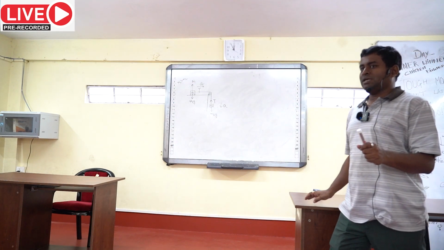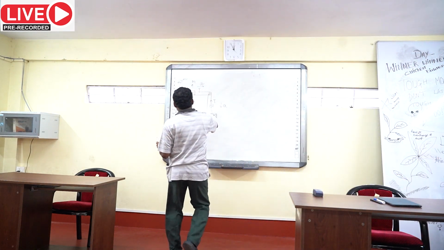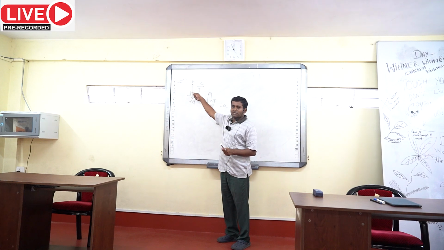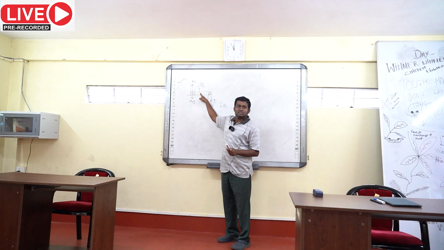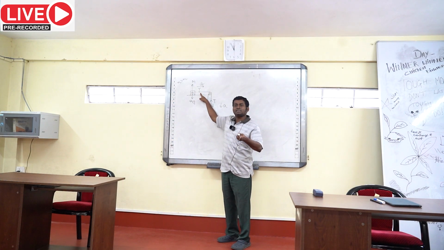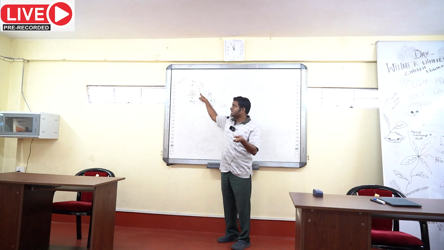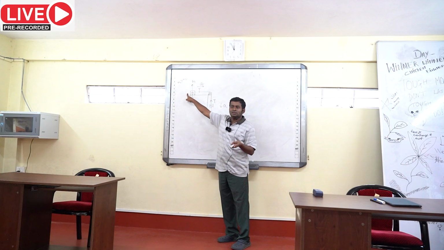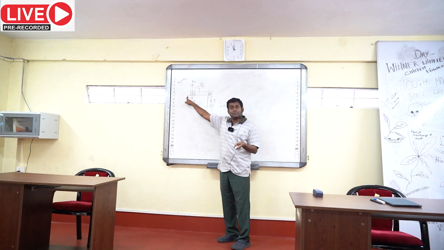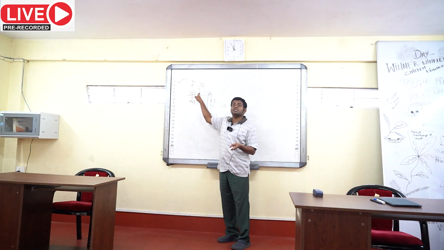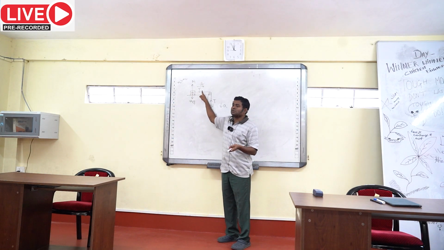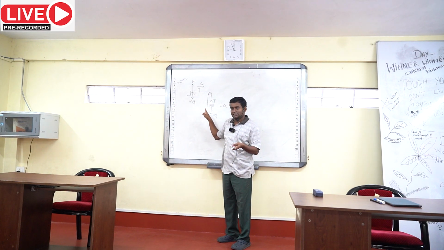Then you must tell me which force is pulling M1 to this side? T. So there must be some force exactly equal and opposite to T. Is there any force? Friction is not there. Even if there is sufficient friction on this table, then friction can prevent this T, and it may happen that this system is at rest.